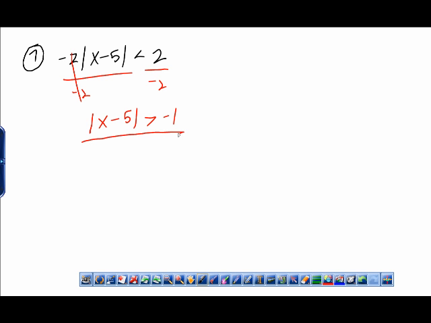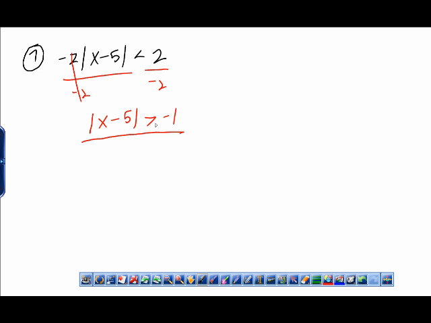Actually, this is a special exception, and in this case, you do less work. Because what this is saying is the absolute value of something is greater than a negative number. Think about what that would mean. The distance between x minus 5 and 0 on the number line is greater than a negative number.